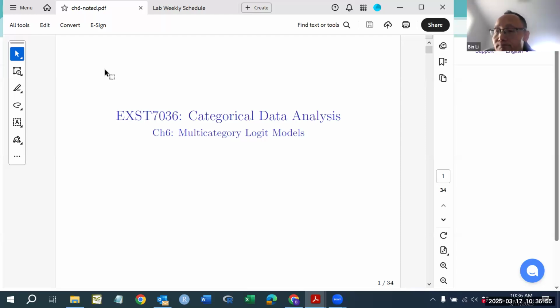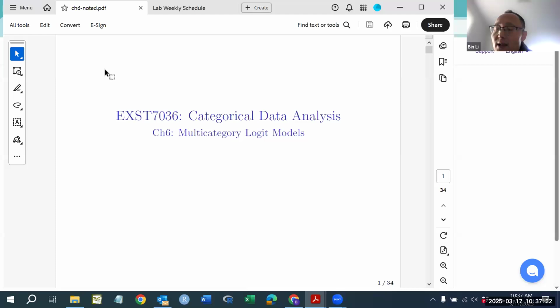One type is nominal response. Nominal means that there is no order structure in the response, so the categories have no ordering relationships. That's one type we will talk about.